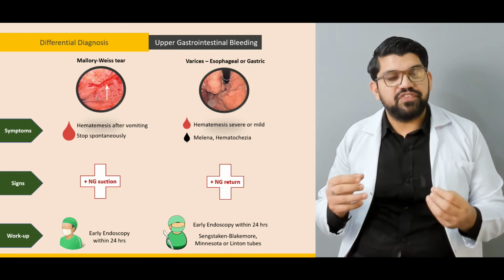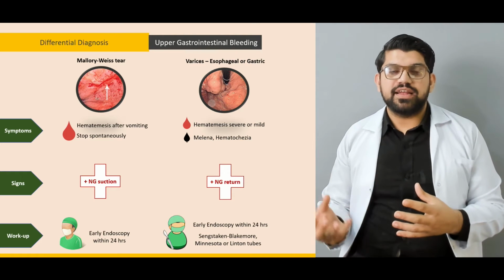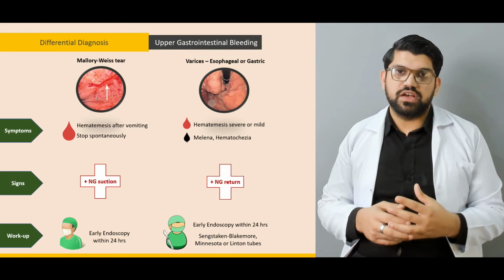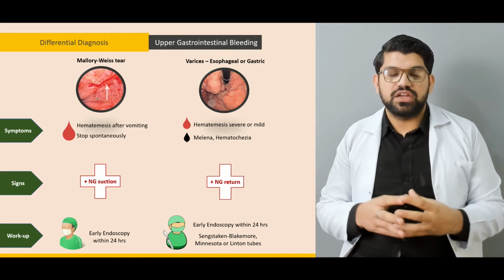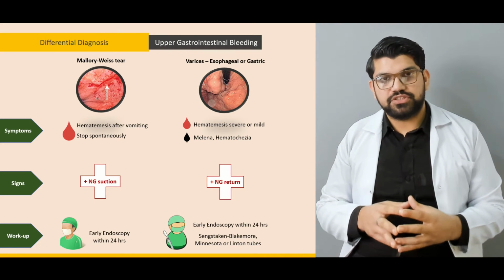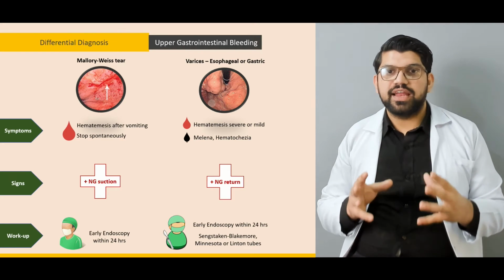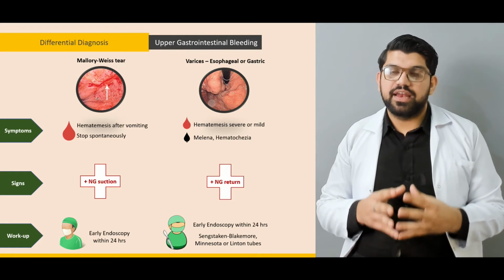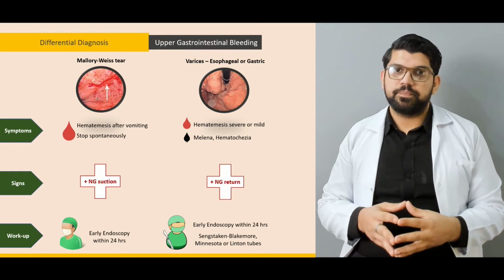When you inflate the gastric balloon, it does not allow the gastric content to reflux. Esophageal balloon expansion puts pressure on the esophagus and compresses the bleeding vessels and stops them from bleeding.